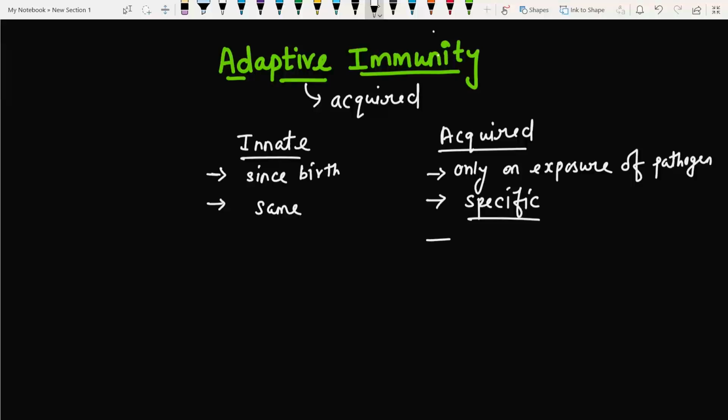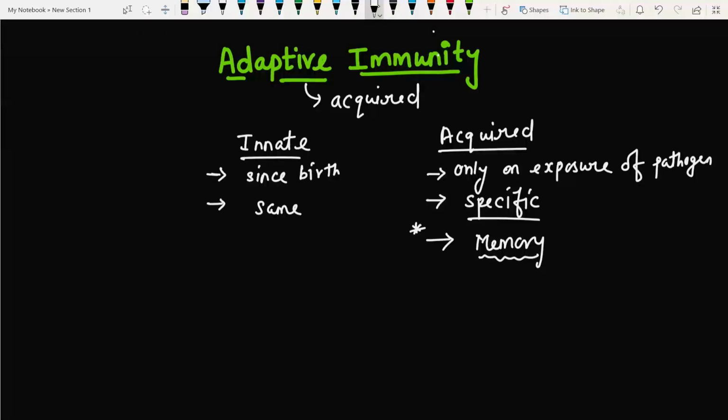Also, the most important property which we use in vaccination is the memory. So acquired immunity stores the memory. What does it mean? It means that once we are infected with a certain pathogen and our acquired immunity gets activated, it will remain stored.